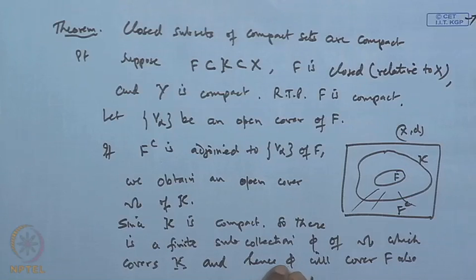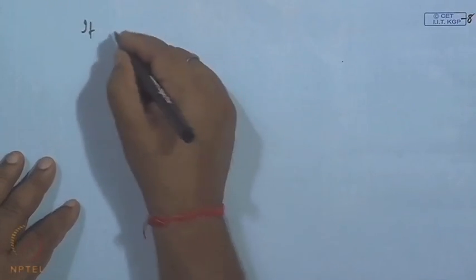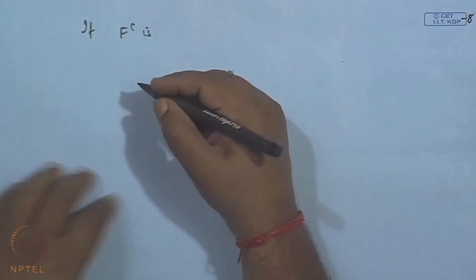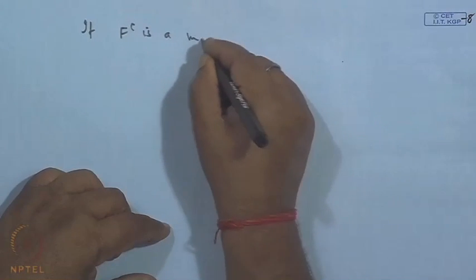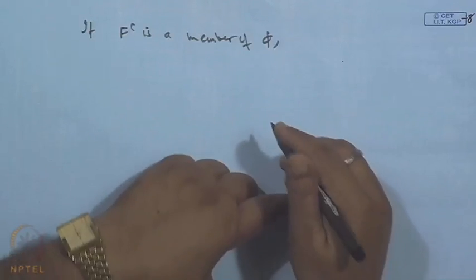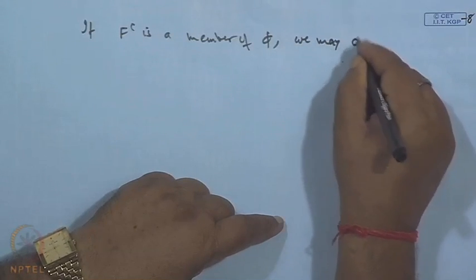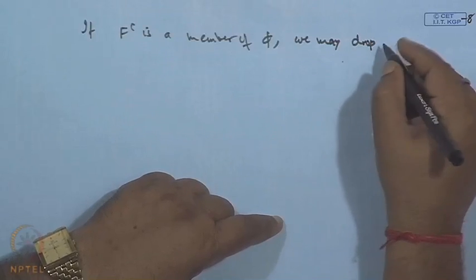Now, in this phi, if F^c is also a member, then we can drop it. If F^c is a member of phi, then we may drop it from phi.